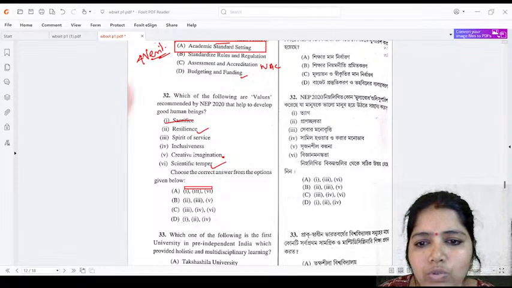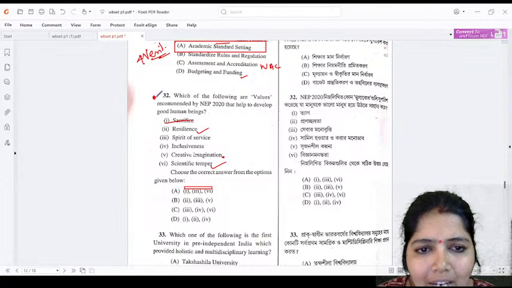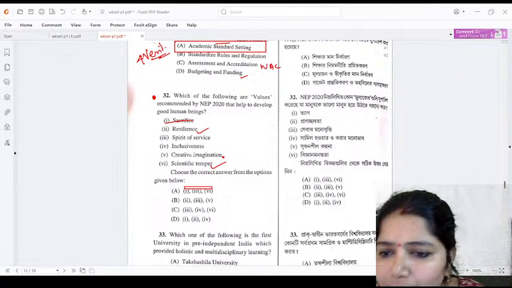The values are resilience, scientific temper. So I have a doubt with this question. I will let you know and then I will put it in the chat box. What have you all answered?